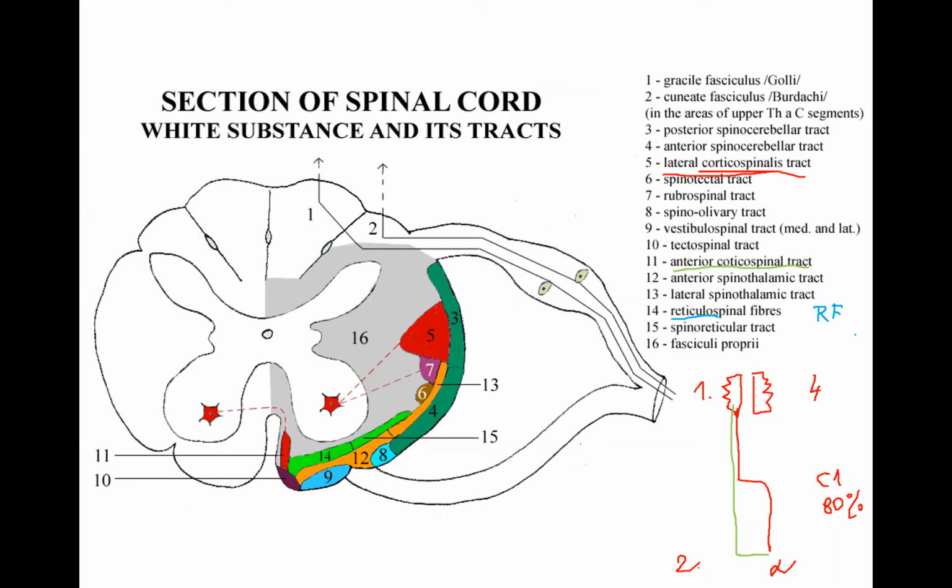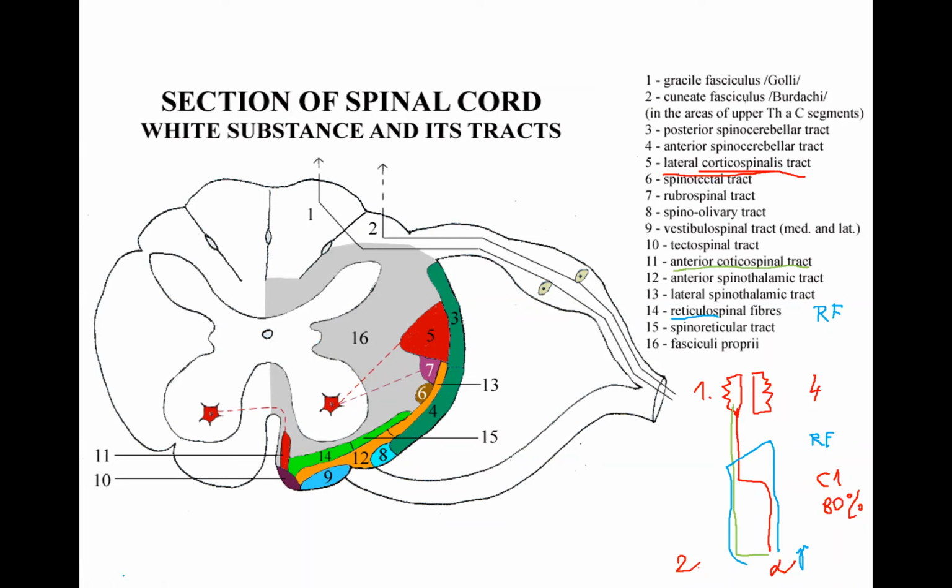So the reticulospinal fibers, if I drew them here, we can have a reticular formation here, and the fibers of the reticulospinal tract descend. Some of them cross and descend, and they go to gamma motoneurons for the muscle spindles. So the reticulospinal tract supplies the gamma motoneurons, the corticospinal or pyramidal tract supplies the alpha motoneurons.